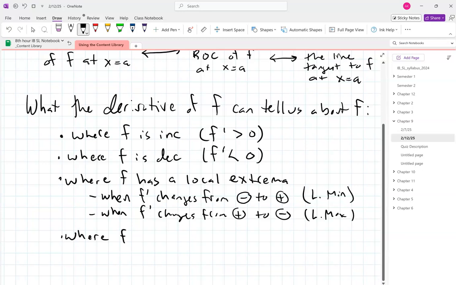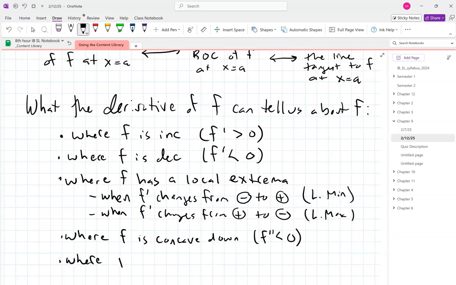We can find out where f is concave down. That's where the second derivative is negative. Or where f is concave up, that's where the second derivative is positive.